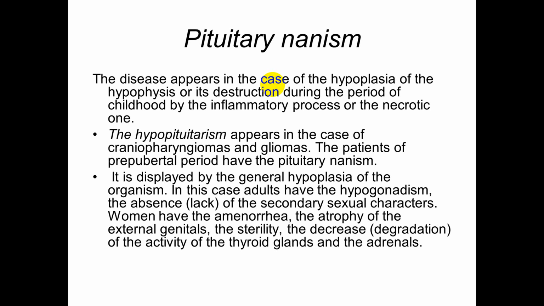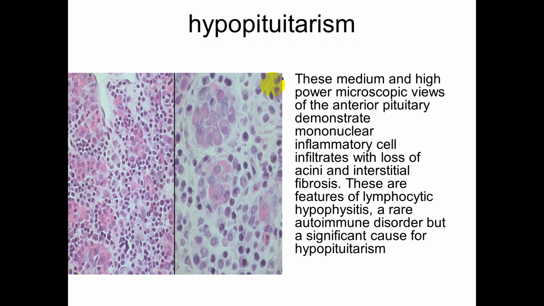In this case, adults have hypogonadism, the lack of secondary sexual characteristics. Women have amenorrhea, atrophy of the external genitals, sterility, and a decrease of the activity of the thyroid gland and the adrenals.